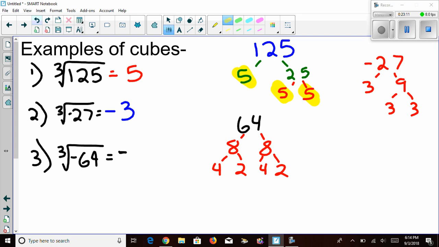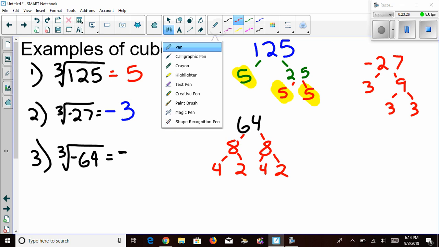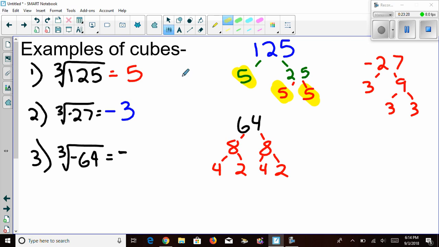So let's look at this list. I have 4 factors so far. And before I break it down any further, is there a way I can put any of this back together to get 3 of the same? I can. Look at these 2's.